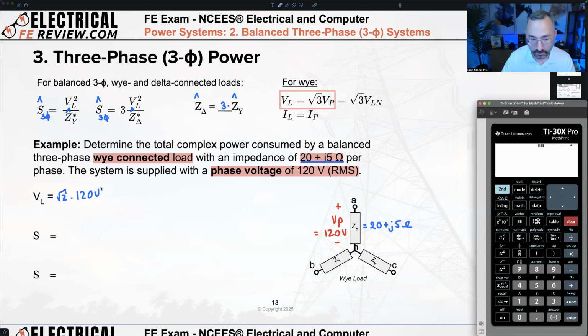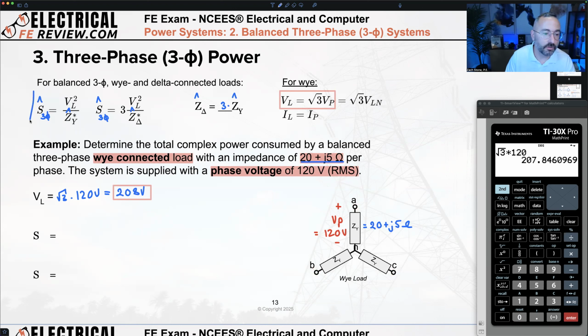What do we get for the line voltage? What's the square root of 3 times 120 volts? It's a common three-phase voltage, 208 volts. There's our line voltage from A to B, B to C, and C to A.